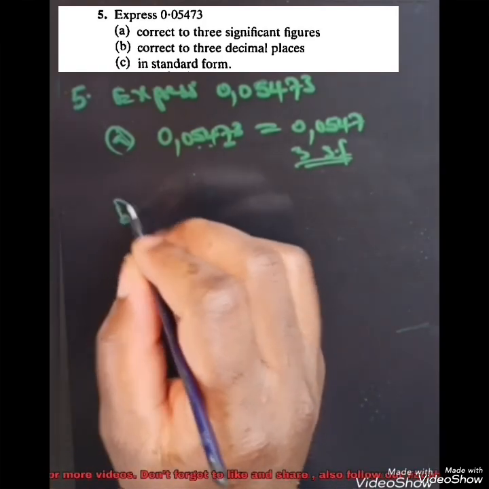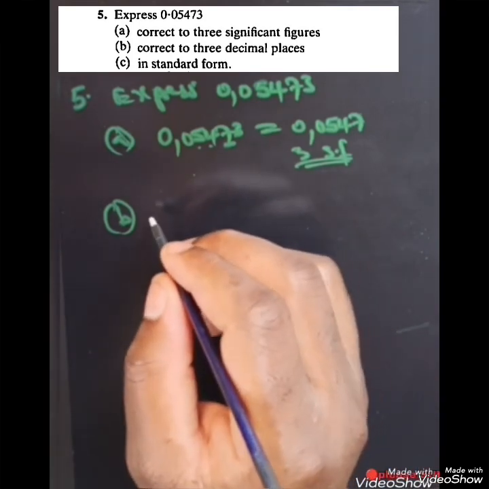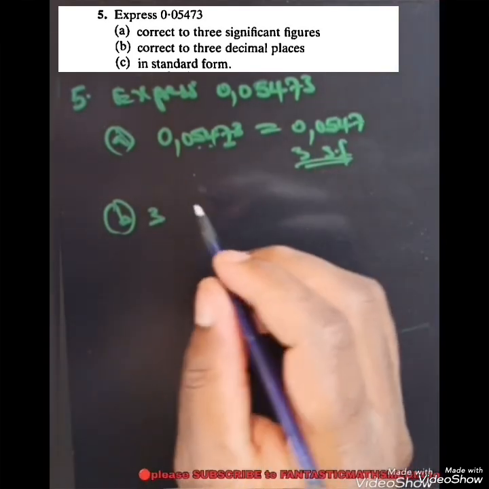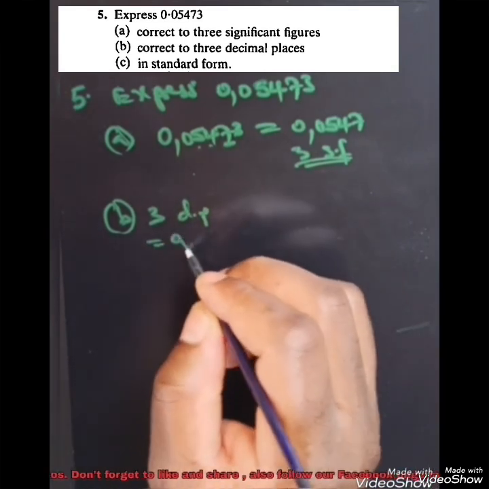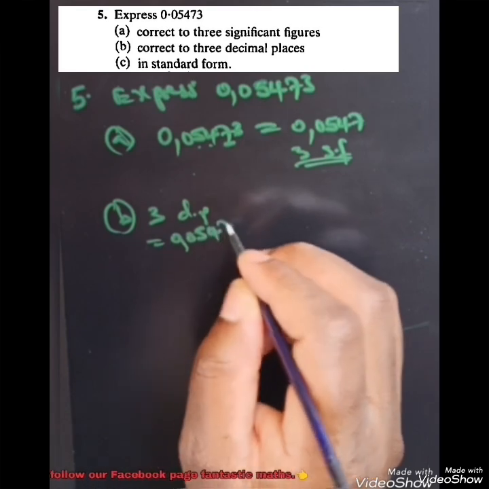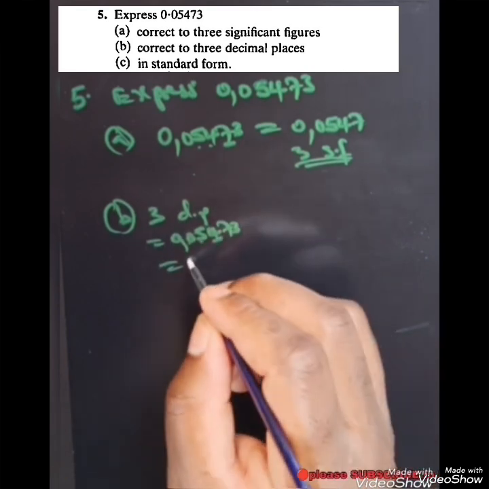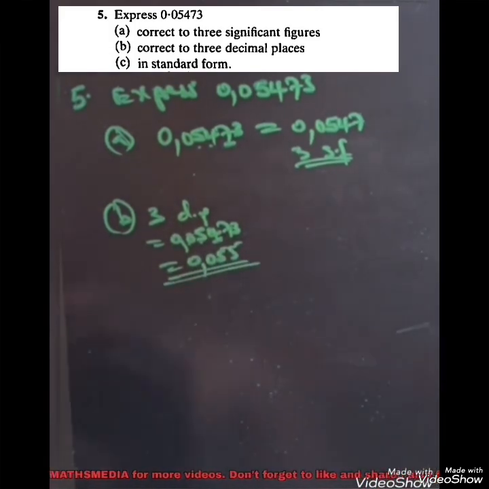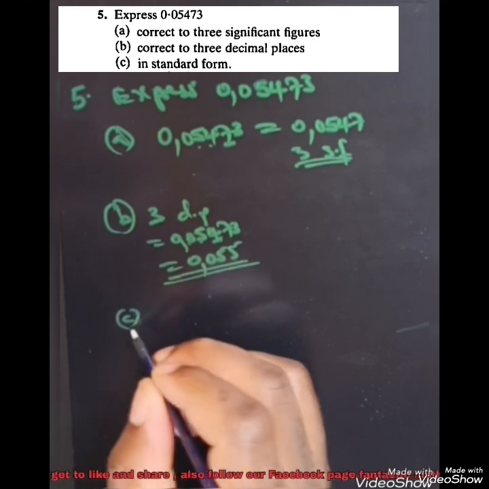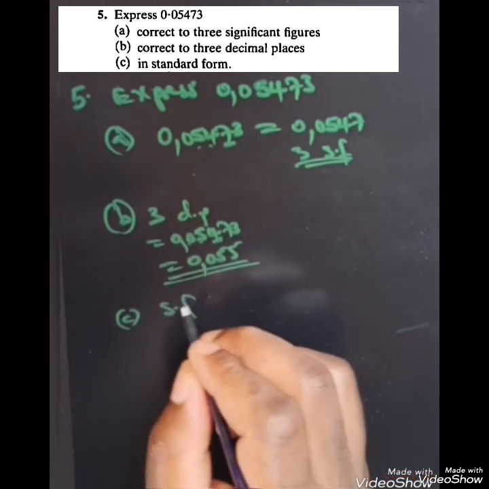Part B, correct to three decimal places. In decimal places, we count starting from the number after the comma, which is 0. So count from 0, 1, 2, 3. When we come to 4, we see the next number, which is 7. So 7 is greater than 5, then we round up to get 0.055 as our final answer. Right, let's move on to part C. Express this number in standard form.